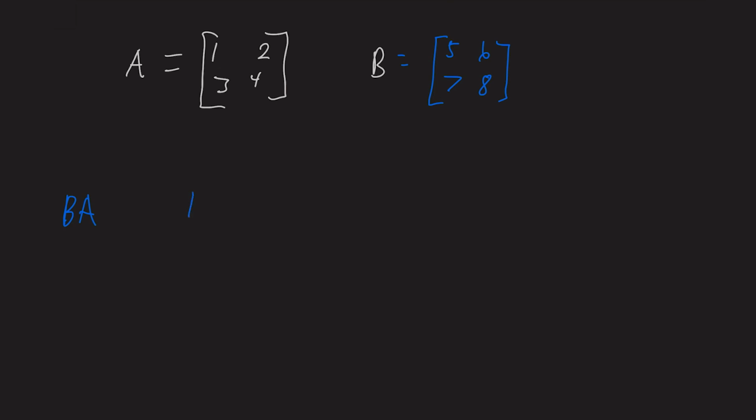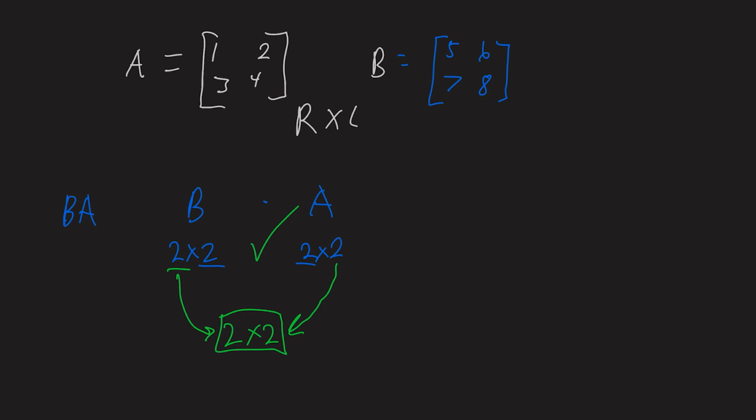The order of B is 2 by 2. The order of A is 2 by 2. So these numbers are exactly the same, therefore we're good to multiply. This number we bring down, this number we bring down, and the resultant matrix is going to be a 2 by 2 matrix.